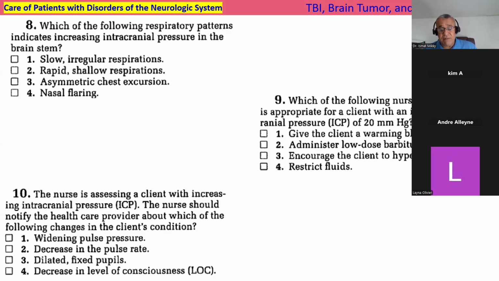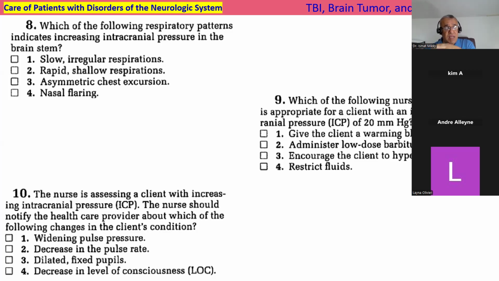The decrease in level of consciousness is an early indicator of deterioration of the patient's neurologic status. So changes in level of consciousness, such as restlessness and irritability, are signs that should be reported. Widening of pulse pressure, decrease in pulse rate, and dilated fixed pupils might result in a later stage, and they are not early signs.